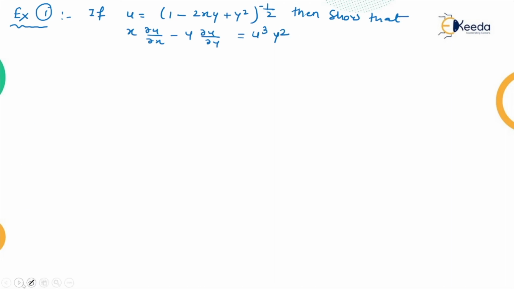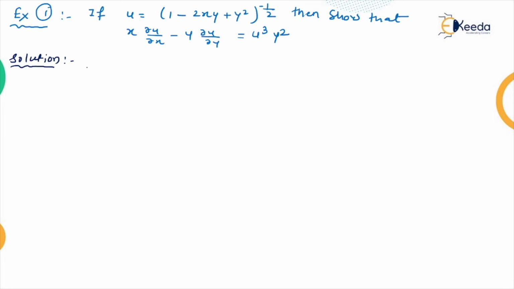So first you have to observe what is given to you, and then we start the solution. Before starting the solution, you have to observe that u is a function of how many variables. Clearly x and y we have to see here. So u is a function of x and y, that is two variables.